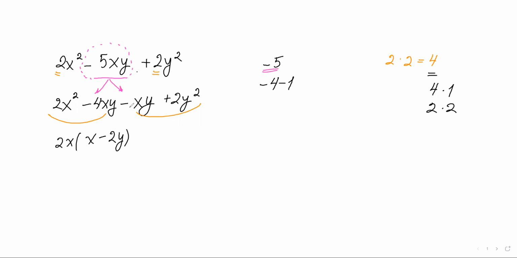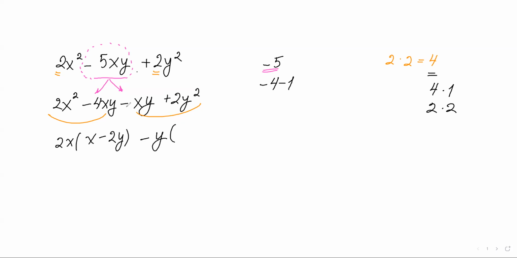Second group, let's see, what do they share? What is the common factor between the two members of the second group? And I can see, I think it's just y. They don't share x, they don't share 2. So it's only y that they share. And I will take negative y out.